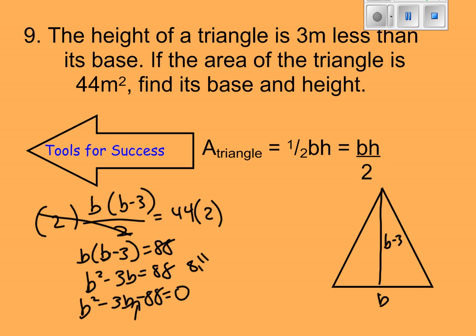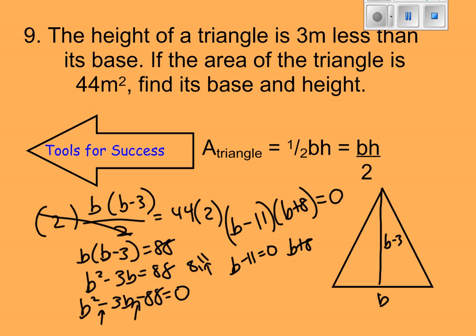Well, 8 and 11 fall into that category. This sign is negative. That means it goes with 11. So when I factor this, it's going to be b minus 11, b plus 8 equals 0. So b equals 11, b equals negative 8. So 11 is the base, 8 is my height.